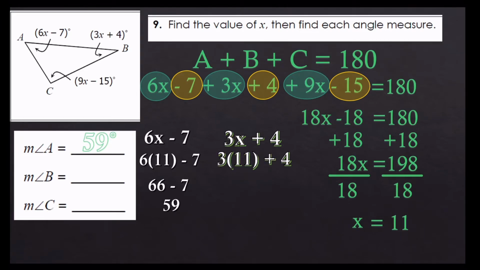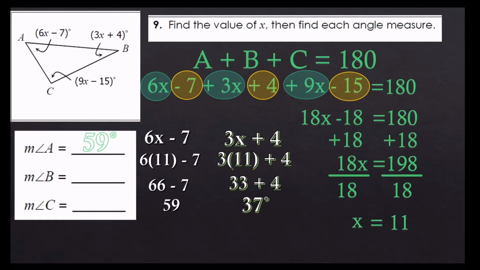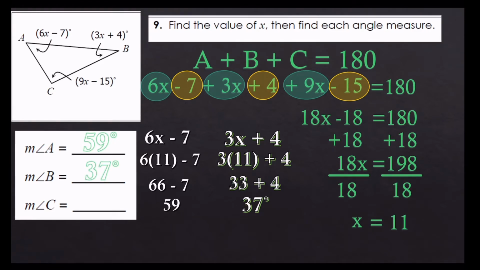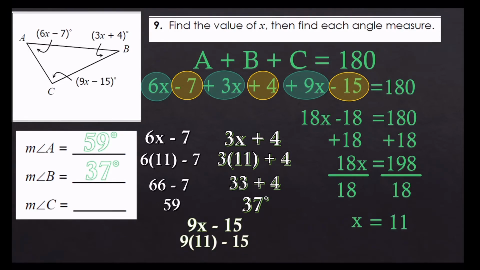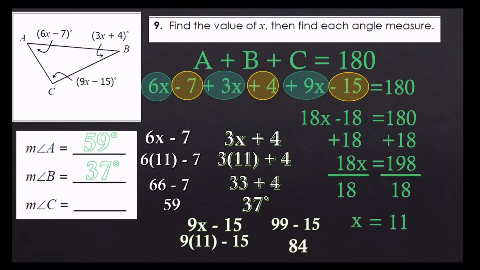I do 3 times 11, which is 33. I add 4, that is 37. So angle B is 37 degrees. Last, I take 9x minus 15. I substitute in 11 for x. I get 99 minus 15 equals 84.